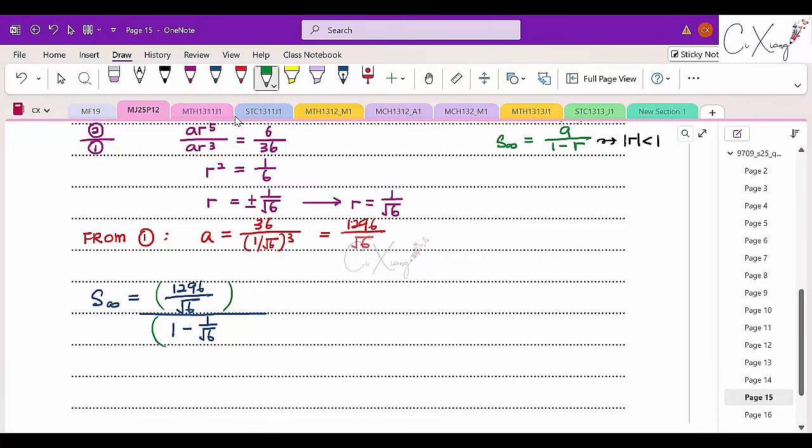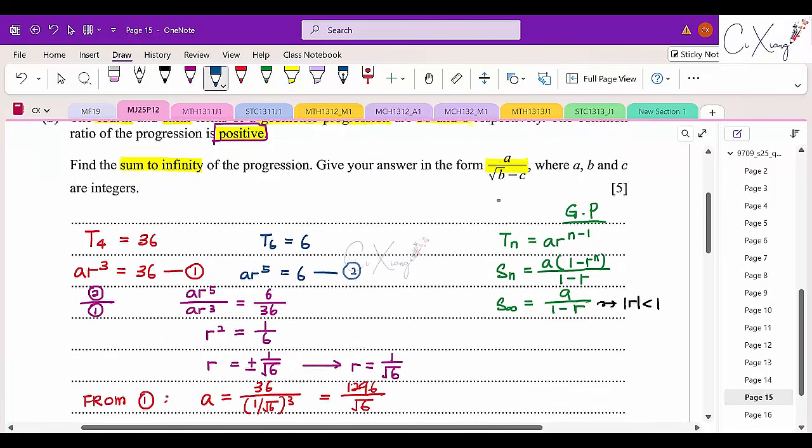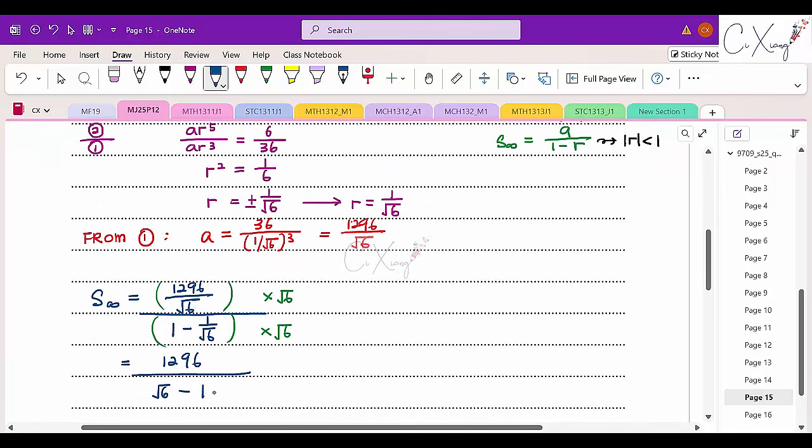So what I do is multiply the whole fraction, top and bottom, by square root 6. Bottom also the same, so that your expression is still balanced. Multiply square root 6 inside, you'll be having 1296 on top, and the denominator you're having square root 6 minus 1. If you double check the answer again, you will see that it is exactly the pattern that they want us to show here. So we will stop here for this question because this is the answer already.